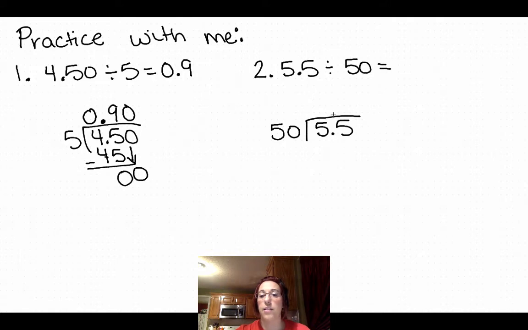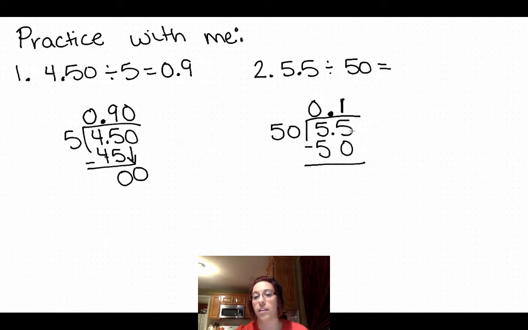First step, take our decimal, scoot it up to the top. 50 will go into 5, 0 times. 50 will go into 55, 1 time. 1 times 50 is 50.